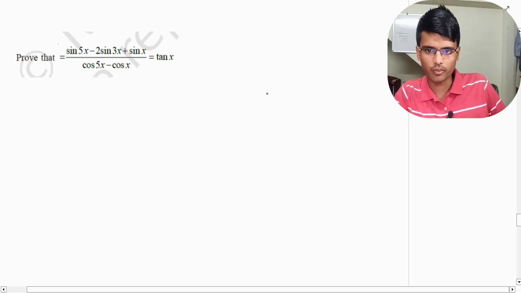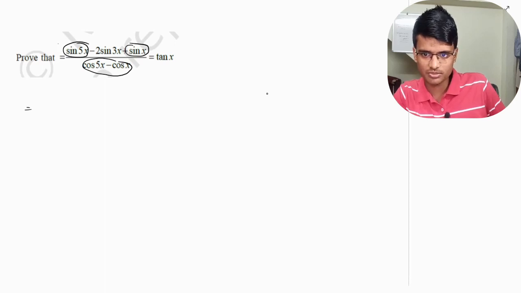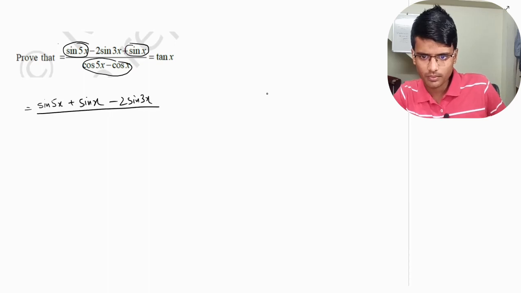Now we'll solve a question. So we have a question here. I can use the transformation formula in the denominator and in the numerator for these two terms. I'll just rearrange the terms so that it is easy to understand. So I'll be applying the transformation formula here.